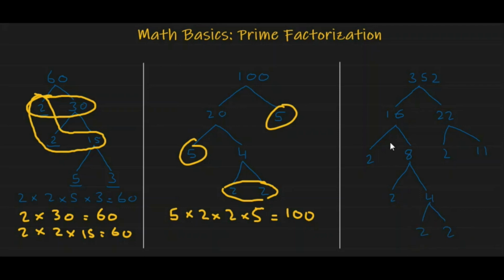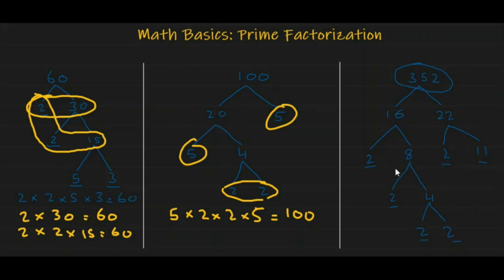So the same rules would apply. If you multiply 2 times 2 times 2 times 2 times 2 times 11, your answer would be 352. Or you could also go 16 times 22, you'll get the same answer. Or you could do 2 times 8 times 2 times 11, you'll have the same answer.